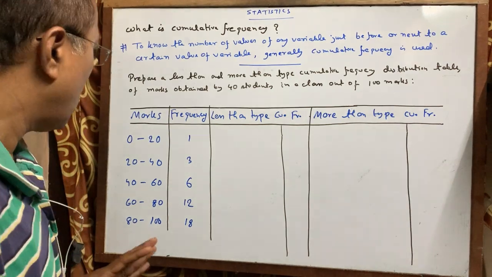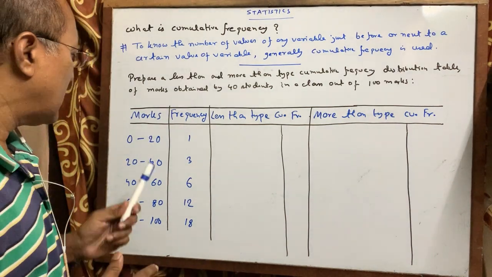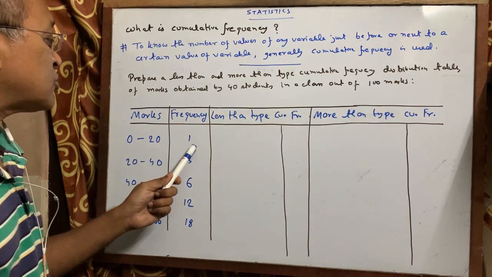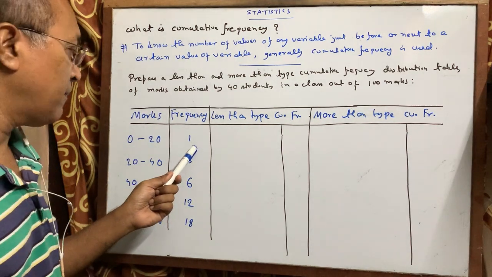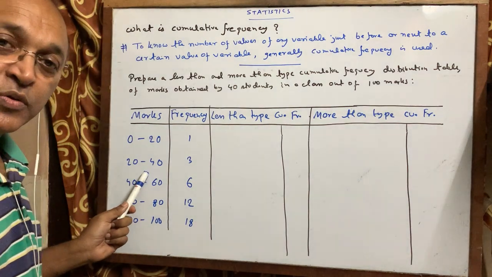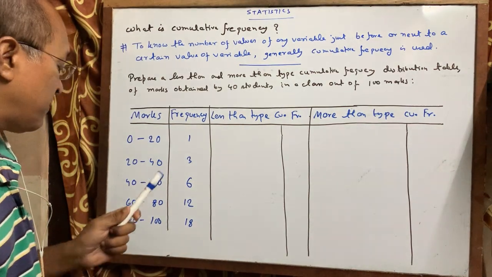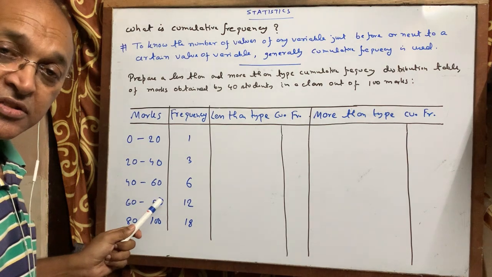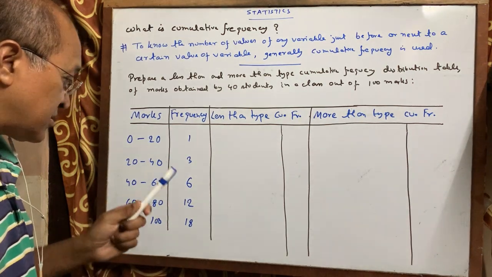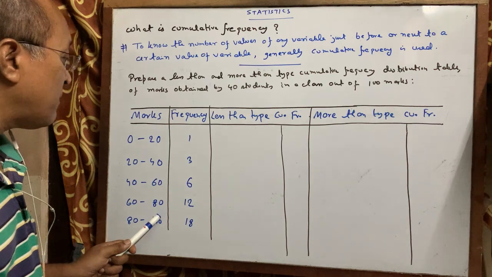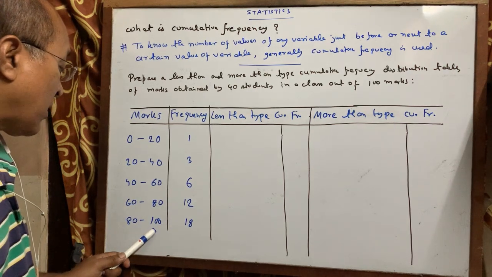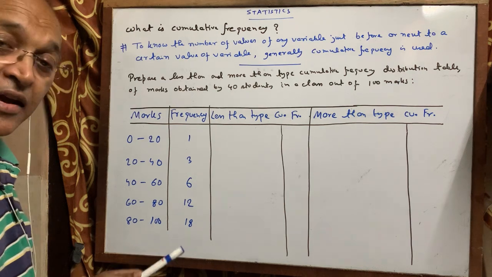So, what class intervals are given? 0 to 20 marks, number of students or frequency is 1. 20 to 40 marks, frequency is 3. 40 to 60 marks, frequency is 6. 60 to 80 marks, frequency is 12. And 80 to 100 marks, number of students is 18.